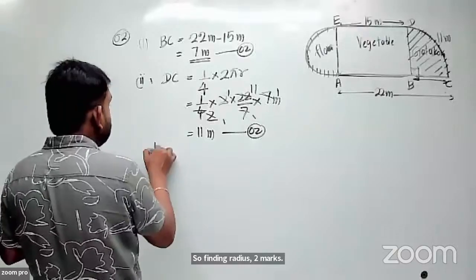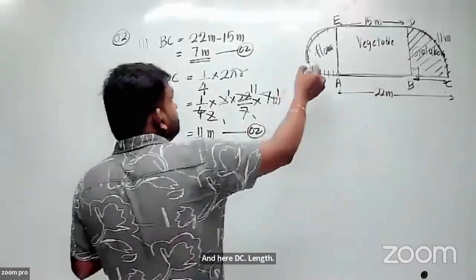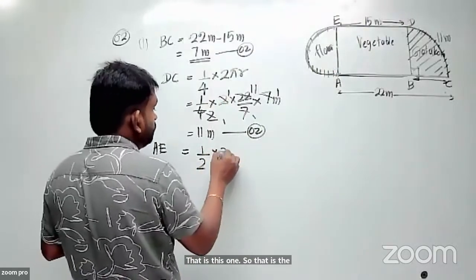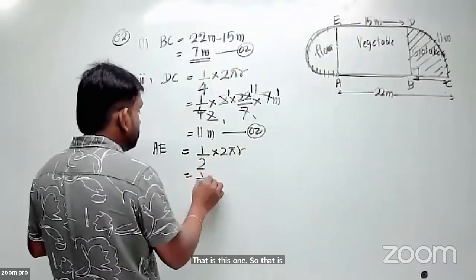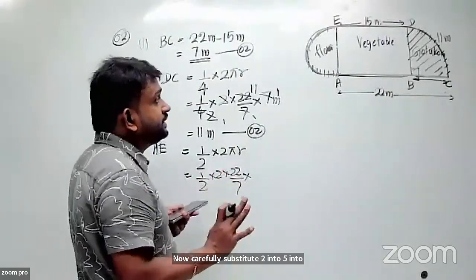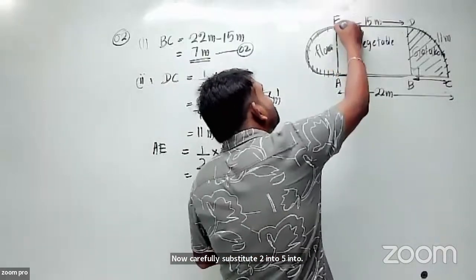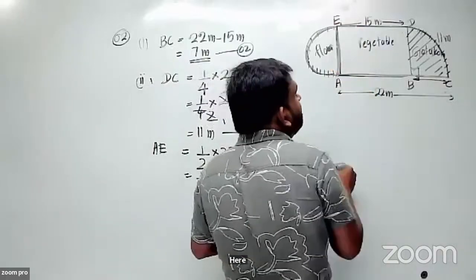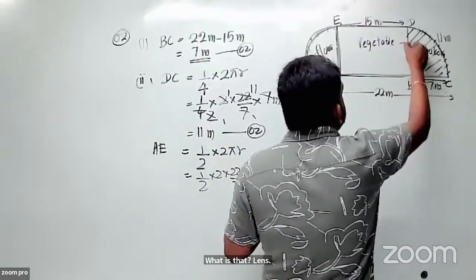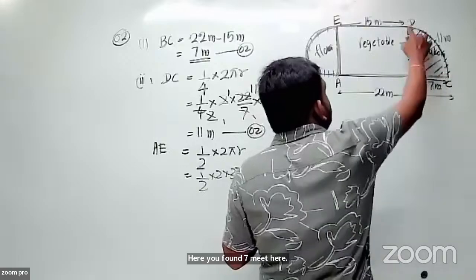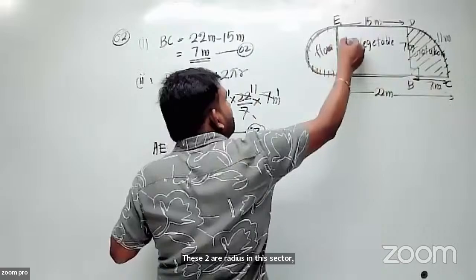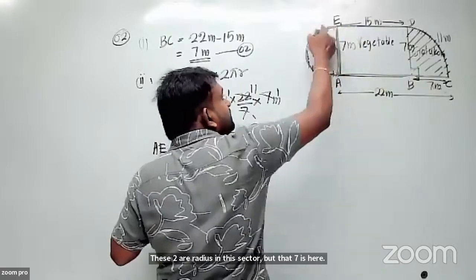Then we find the AE arc length. That is a semicircle. So 1 upon 2 into 2πr. Now carefully substitute. Here r, what is that? This is the diameter. What is that length? Here you found 7 meters, and here also 7 meters. These two are radii in this sector. But that 7 here is the diameter of this semicircle.